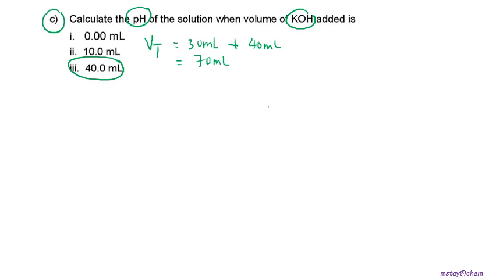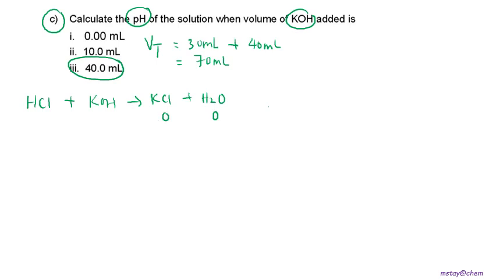Again, we know that the titration is carried out, so the neutralization process happens. So we are going to write the equation HCl plus KOH, and then produce KCl and water. Water and KCl can be ignored.